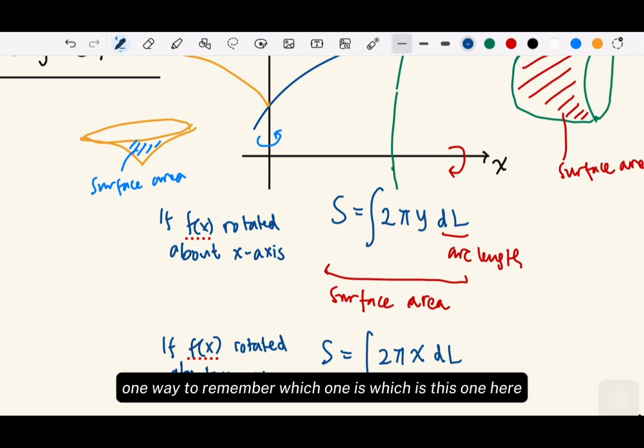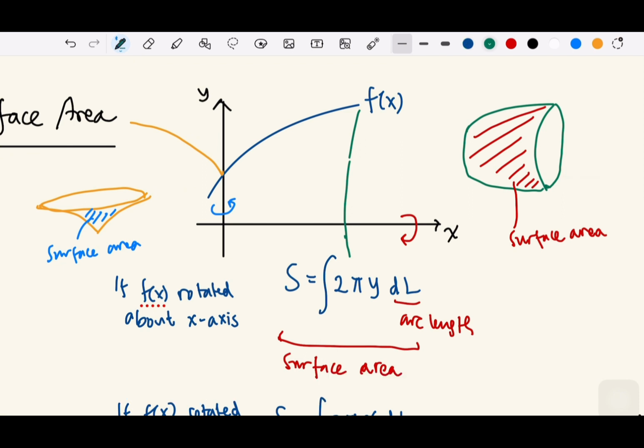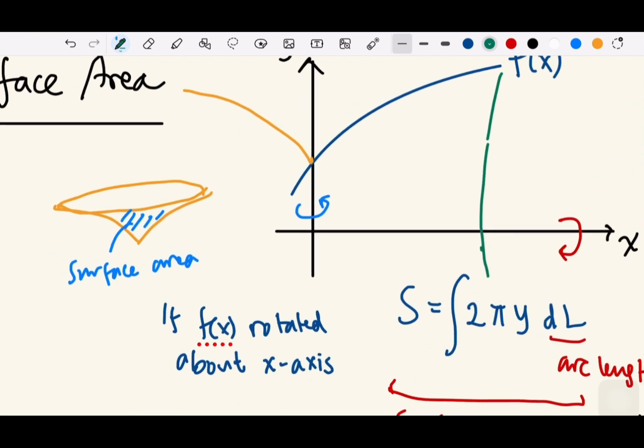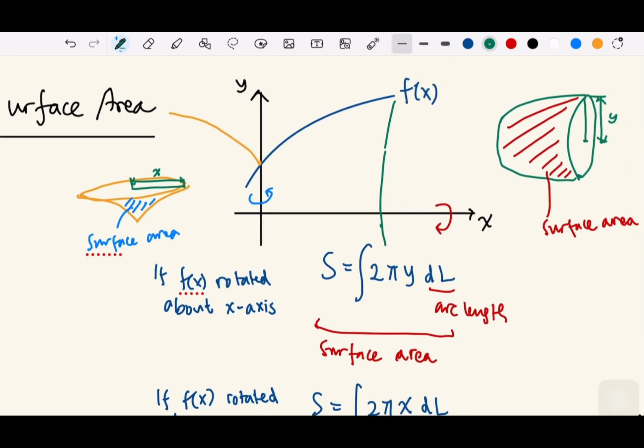One way to remember which one is which: the distance from the axis of rotation is y for the x-axis, and the distance for the other one is x. Okay.